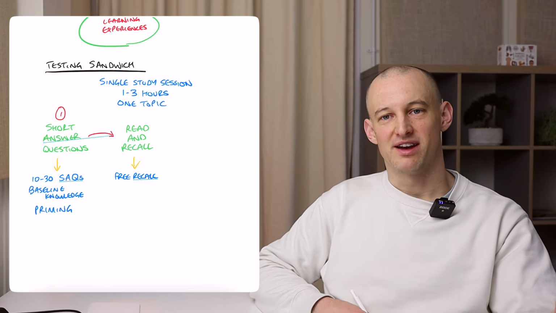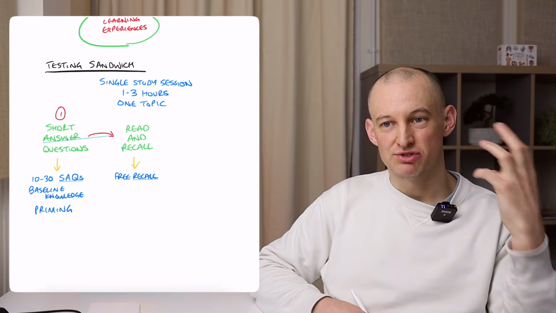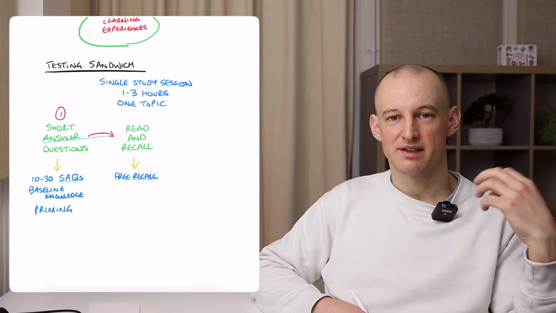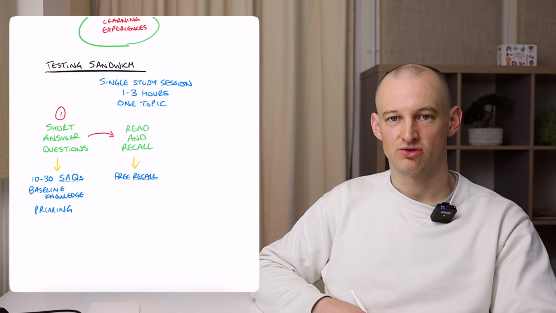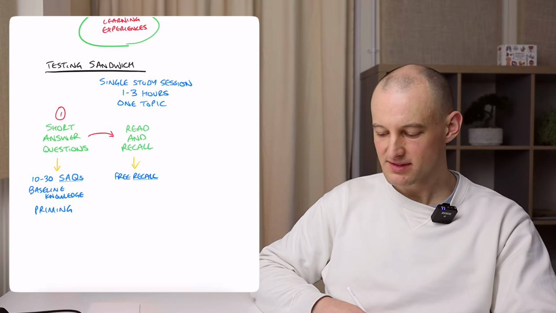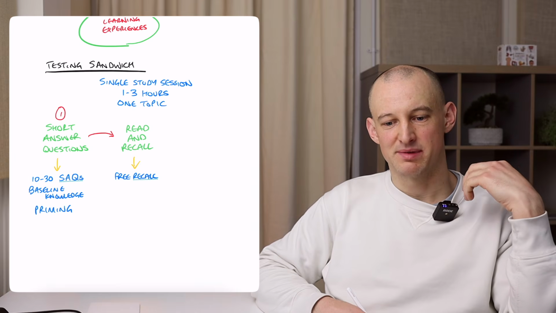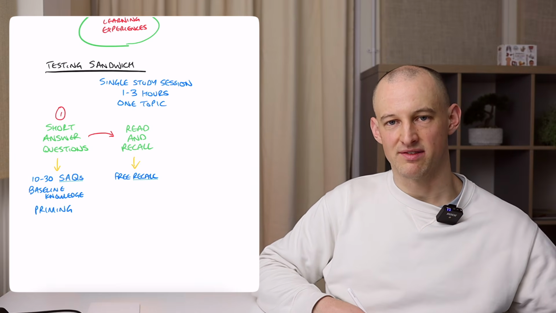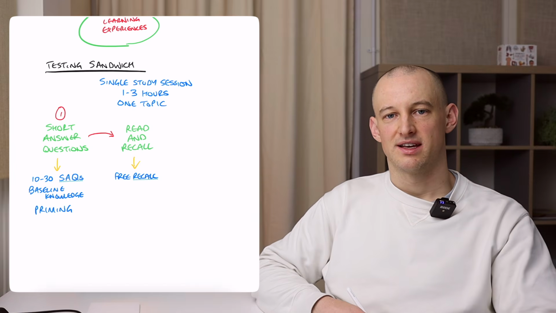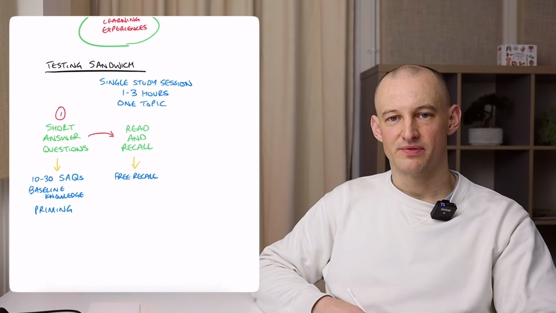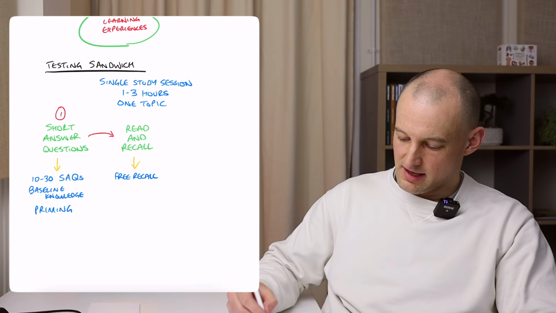So what you have to do is you kind of put it in and then you retrieve it. And it's the process of retrieving it that really creates the memory and creates those strong connections in your brain. If you just put it in, what happens is then it just kind of leaks out like a sieve. But if you put it in and then you recall it with free recall, that's what helps it stick.